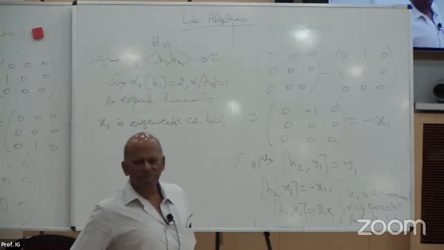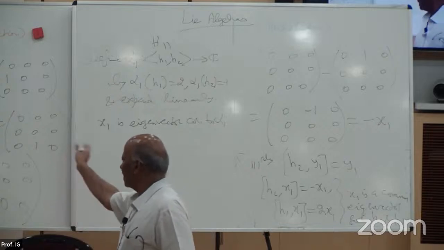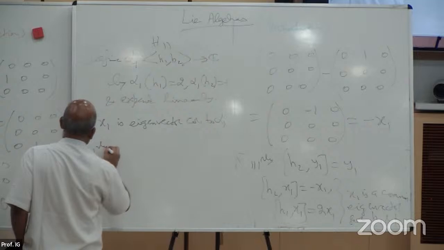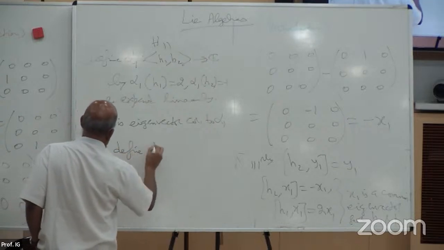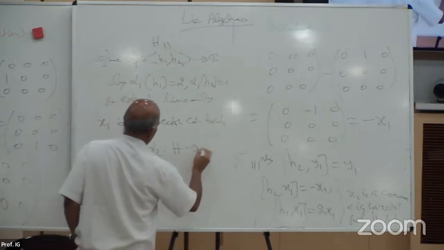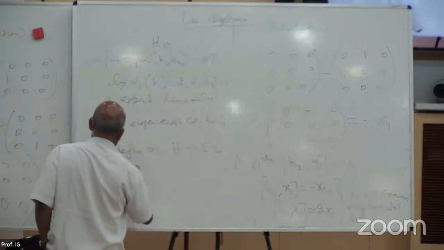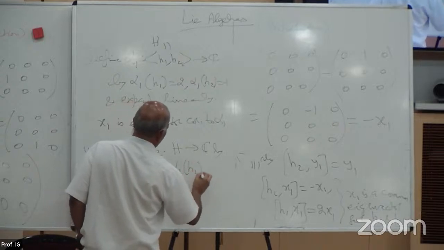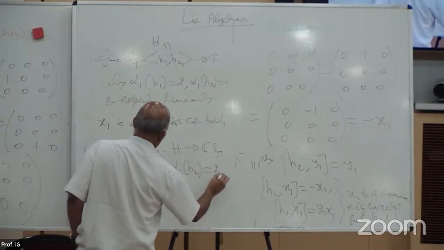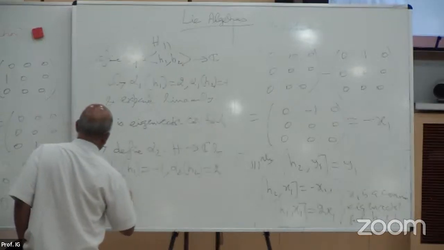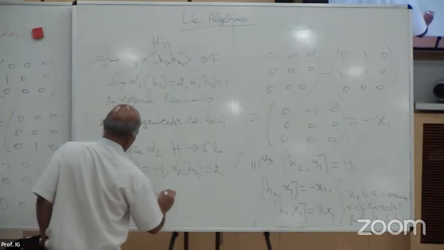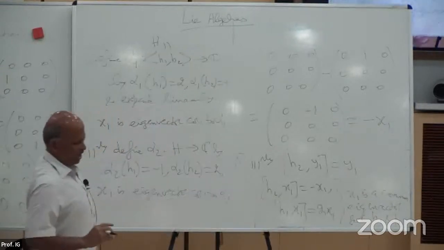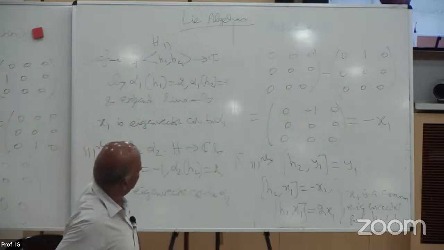There is nothing special about it. You can see that there is a lot of symmetry going on. So similarly, if we define alpha 2 from H to C, alpha 2 of H1 equal to -1, alpha 2 of H2 equal to 2, X2 is an eigenvector corresponding to alpha 2. So this is what is going to happen.